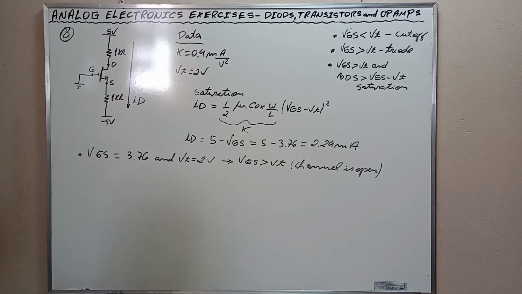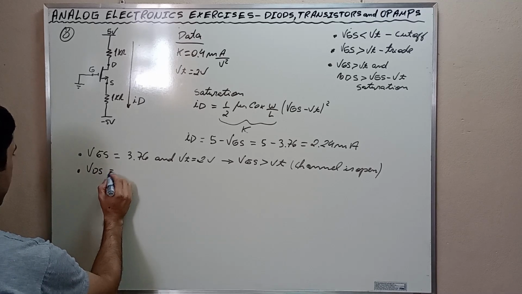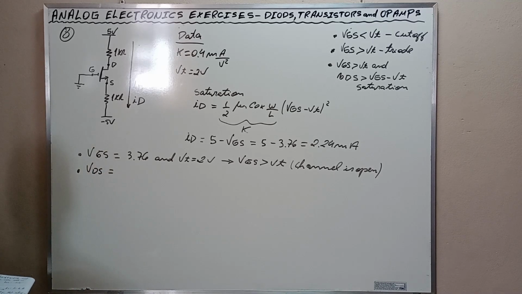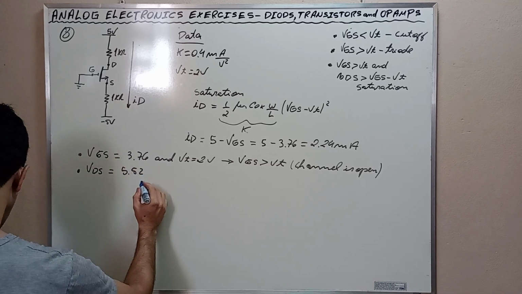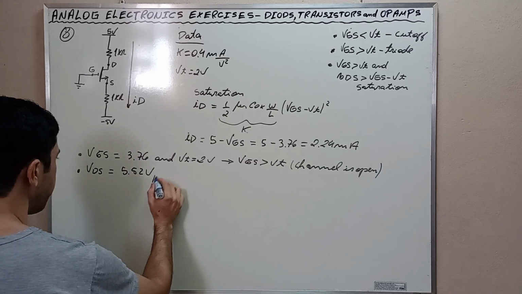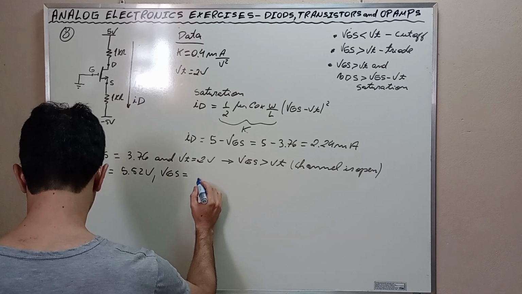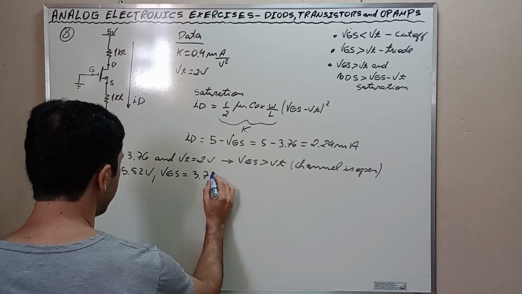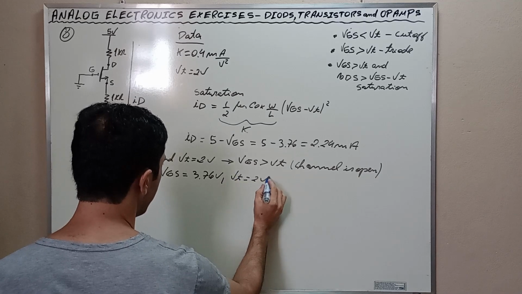And how about VDS? VDS is equal to 5.52 volts. VGS is equal to 3.76 volts and VT is equal to 2 volts.